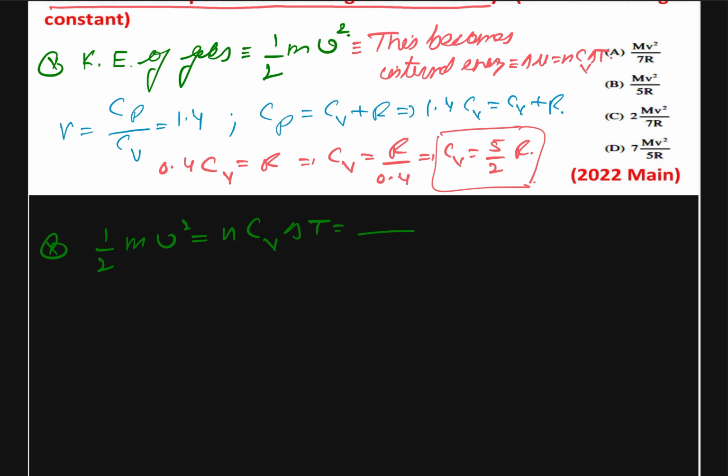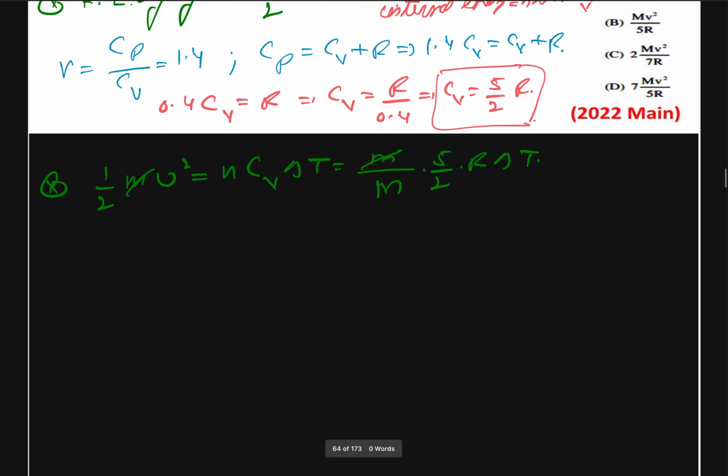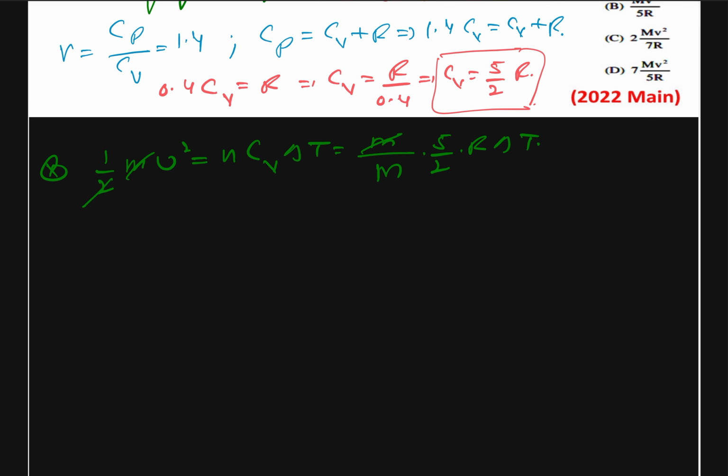So this n will be given mass over molar mass, and C of V is 5/2 times R, and we have this as delta T. And this given mass cancels out, and 2 also goes away.